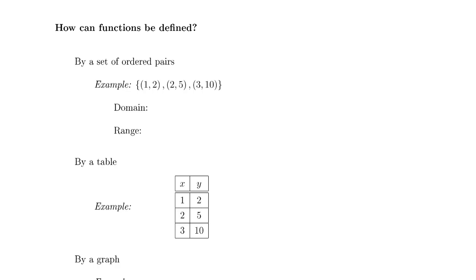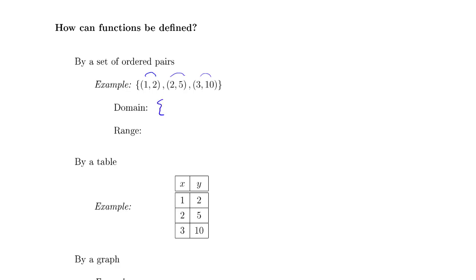Well, it could be given as just a set of ordered pairs. So if we look at the set of the ordered pairs (1, 2), (2, 5), and (3, 10), we're basically being told that 1 gets mapped to 2, 2 gets mapped to 5, and 3 gets mapped to 10.